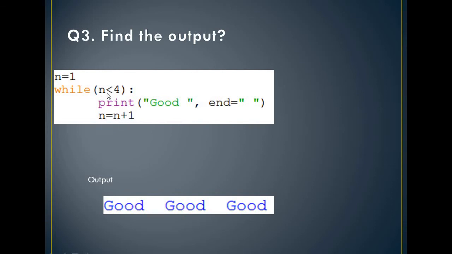Checking 3 less than 4, the condition is true, so it again displays Good. Then n is incremented to 4, checking the condition 4 less than 4. The condition is false, so it will not enter the body of the loop. So our output is Good Good Good.